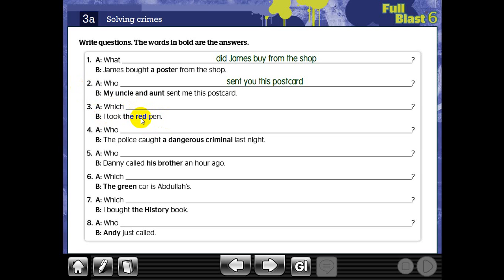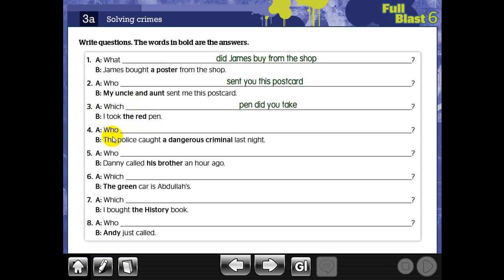That's a question word. Then took is past, so I use did. Which pen did you take? The base form of took is take. Here the red pen is the answer and it's object, not subject.